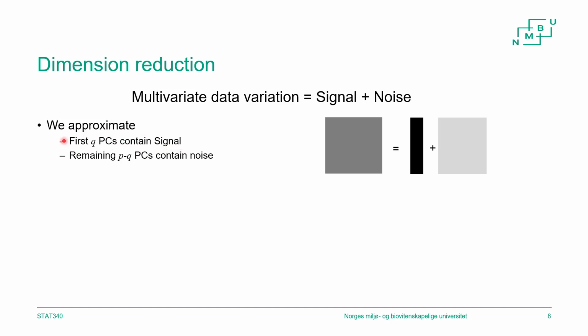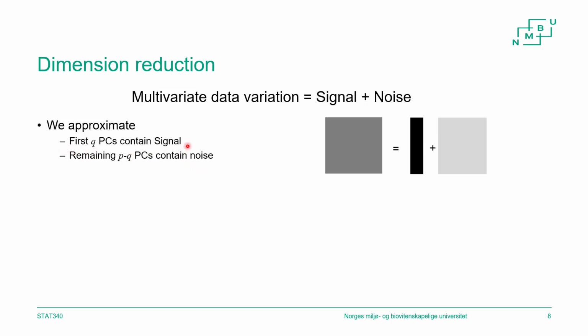And why is this? Yes, this is of course because here we have the big variations, right? In the first principal components, because they are ordered, you could think of the principal component columns as ordered such that the biggest variation is first. So the first principal components contain the signal and the remaining ones are noise, and we are not interested in that, right?